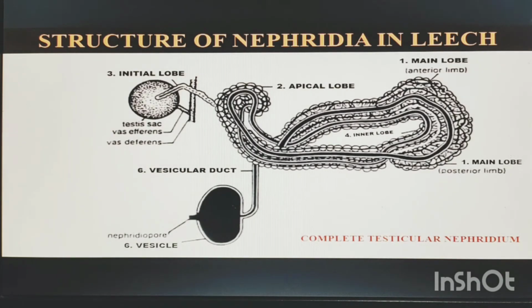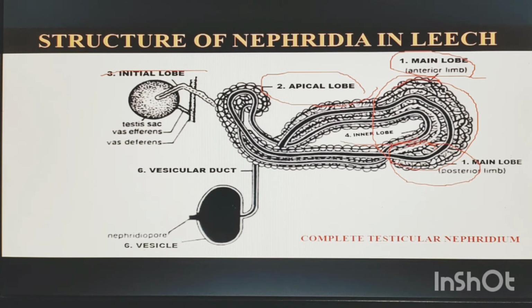In this figure, you may see different parts of testicular nephridia. First is main lobe. This whole part is main lobe. Upper part is anterior limb and this is posterior limb. Second part is called apical lobe. Third is initial lobe. Fourth is inner lobe.